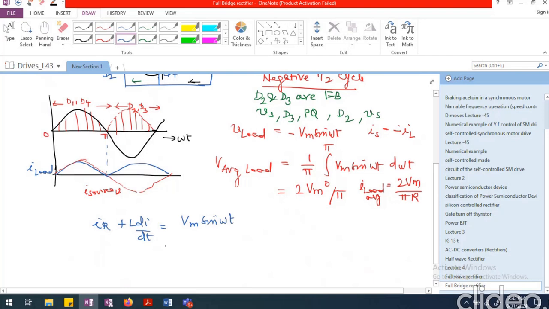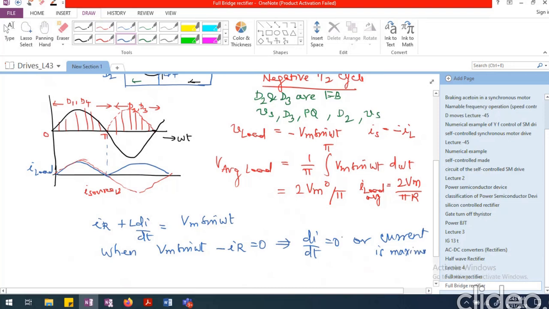This essentially causes the same kind of discussion that we had for the half-wave rectifier. When Vm sin omega t minus IR equals 0, then di by dt equals 0, and the current is maximum.